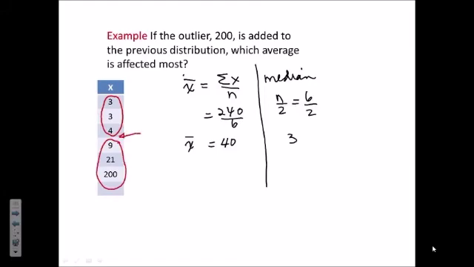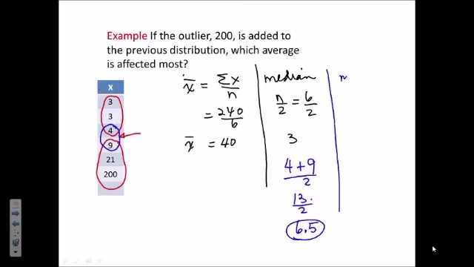So what we do is we take the halfway point between these two scores in the middle, 4 and 9. You could do that by getting the mean of those two, add them together and divide by 2. And that's 6.5. That would be the median.